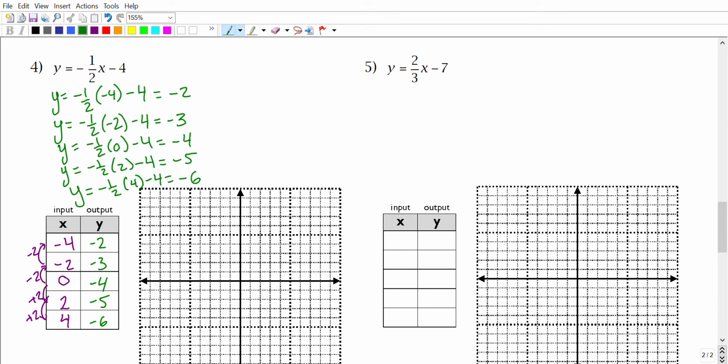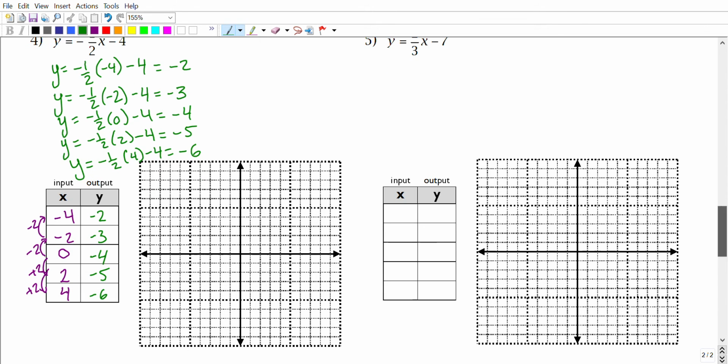So let's go ahead and graph these points. So we have -4, 2; -2, -3; 0, -4; 2, -5; and 4, -6. So let's go ahead and graph those. -2, -3.